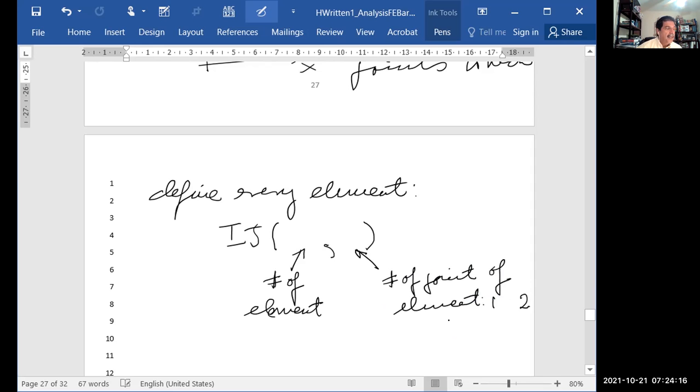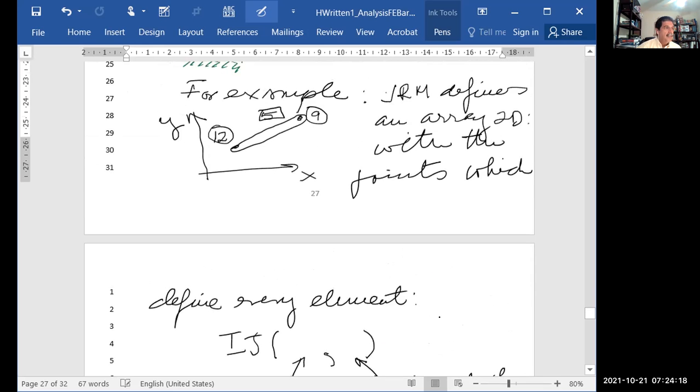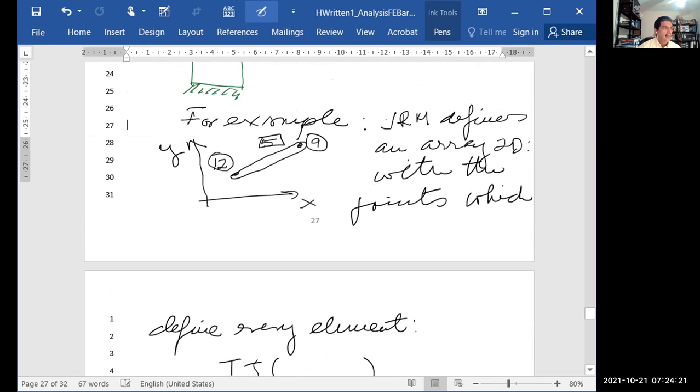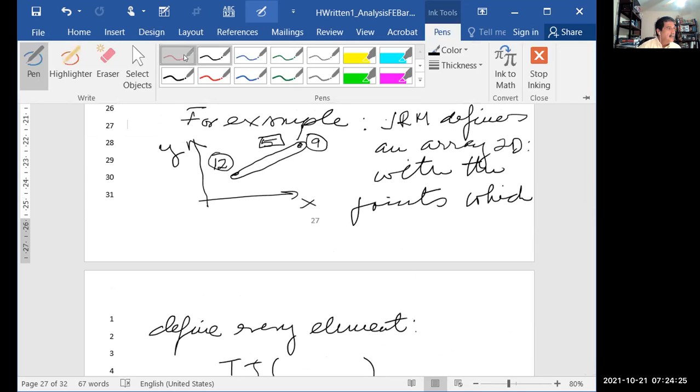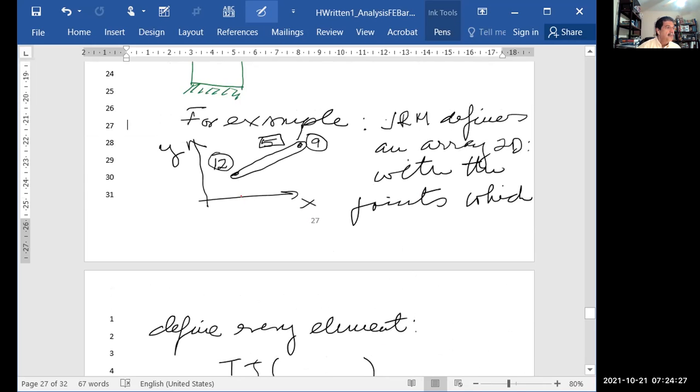For example, in this case, let me change color to help you follow my explanation. Let's suppose that I define this 5th element, and this is the direction, the local x direction of this element.